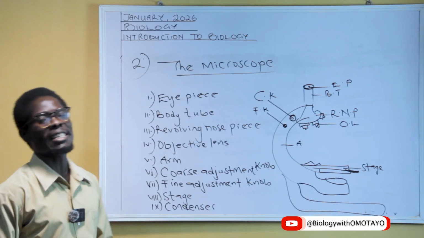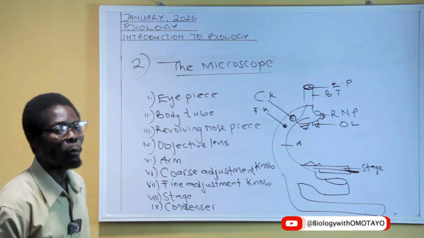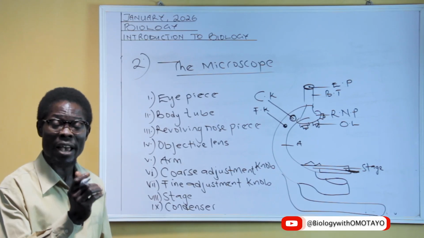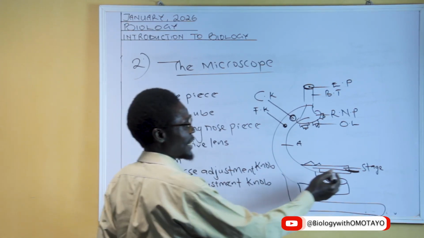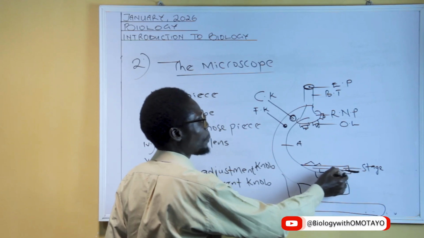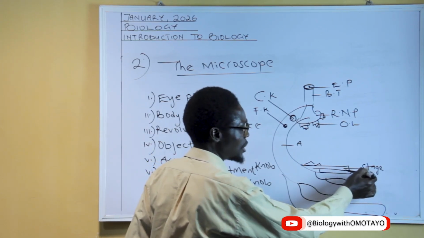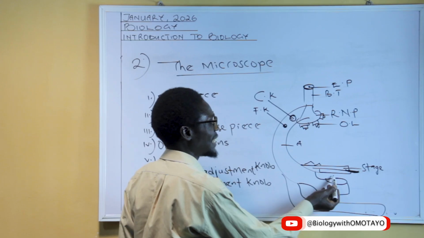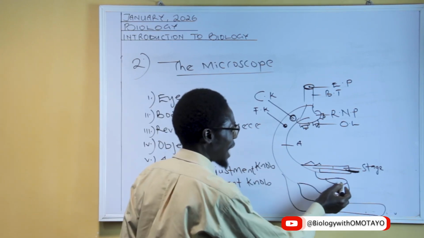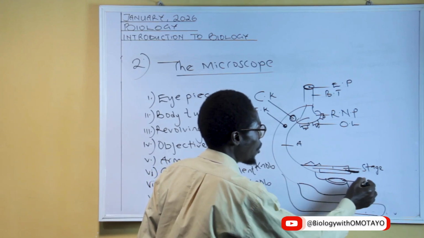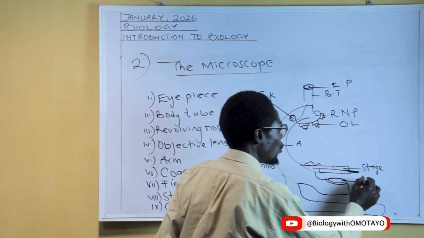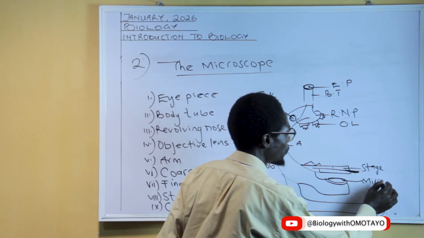Yes, the condenser helps to regulate the volume of light that gets to the specimen being viewed. So it has a regulating arm here that helps to either open it further or reduce it to regulate the volume of light that gets to our specimen that is mounted on the stage. And as you can see here, for a mirror microscope, what you'll be having here will be a mirror.